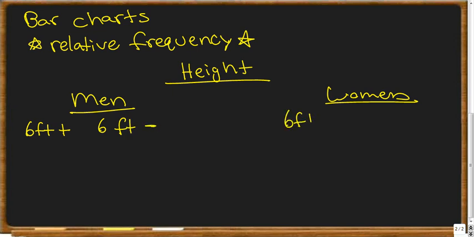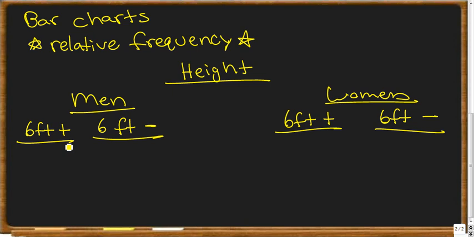Same thing for both. Let's say we ended up measuring 100 guys, but we only got 30 women. Amongst the 100 men, maybe we got, I don't know, we'll say 40 over here and 60 here. Well, it looks like there's 60 men under 6 foot.